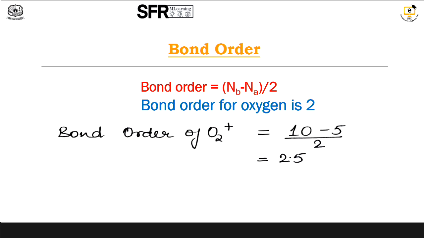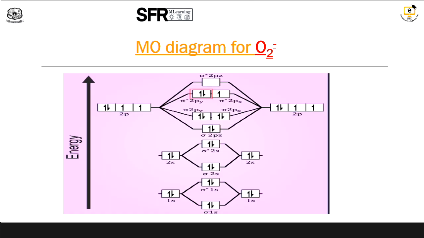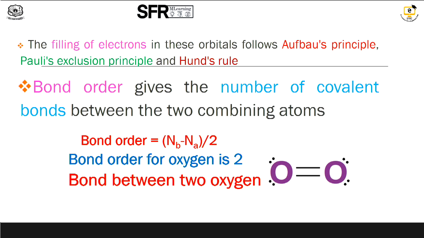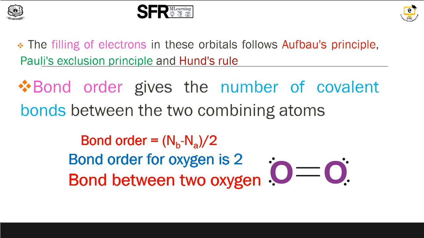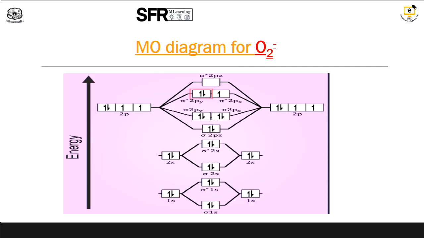Similarly, we can also discuss the bond order for the O2 2 minus ion, which has one more electron. In the O2 minus ion, pi star 2px has 2 electrons and pi star 2py has 1 electron, but for the O2 2 minus ion, one more electron is present in the pi star 2py.